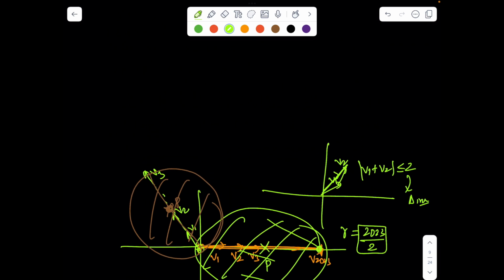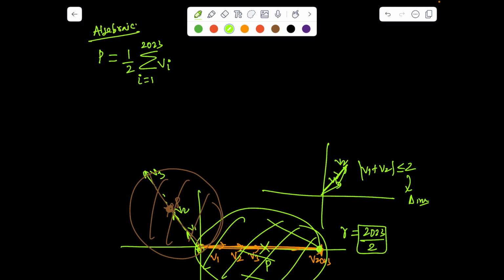If you want to algebraically show this result, because this was found by generalization, we can also show it algebraically. Let's say I consider a point P given by the average, the mean of all those points vi, where i is running from 1 to 2023. So this is the algebraic way of doing this.